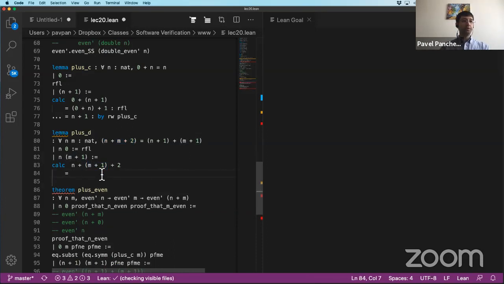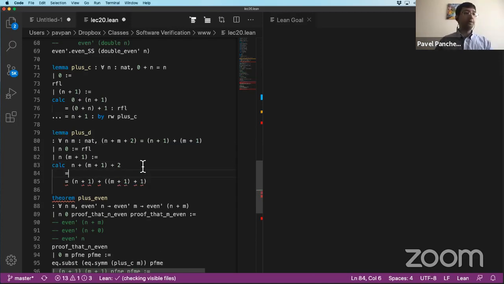What we're trying to prove is that n plus 1 plus m plus 1 plus 1, that these two things are equal. And so our question is how we can prove that. I'm going to prove it step by step.